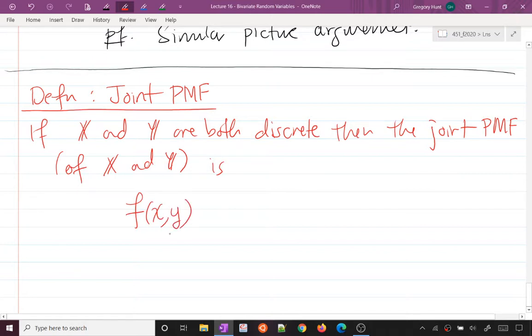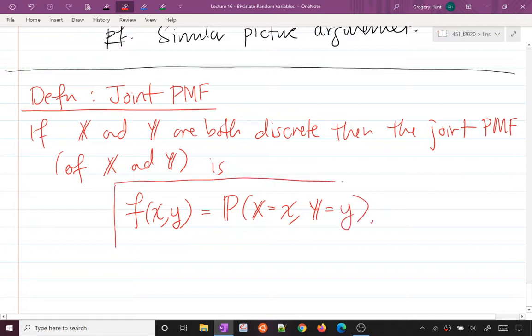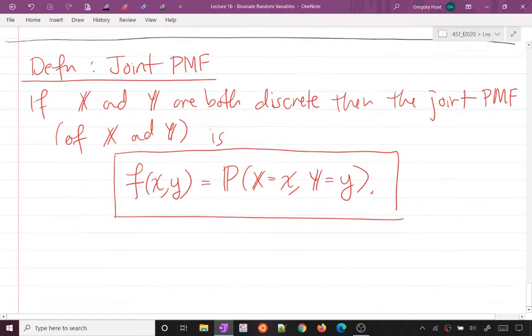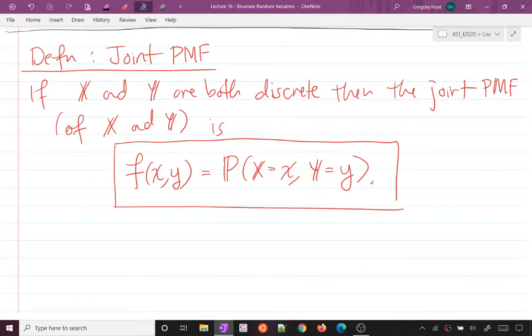We'll use little f to denote it: f of x, y, and it's the probability that X is equal to little x and Y is equal to little y. Let's put that in our box. This is our joint PMF. It plays very much the same role as the univariate PMF for one random variable. Now we have two at a time, so it's the probability X is little x and Y is little y.